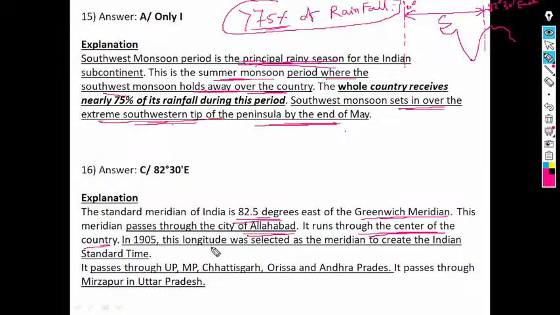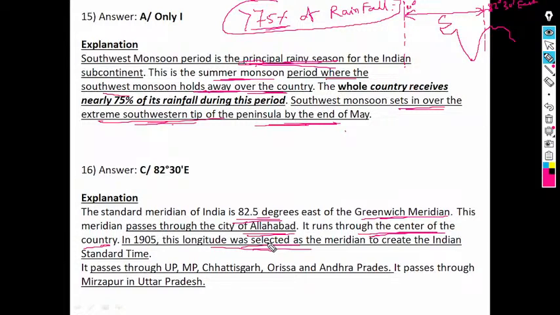In 1905, this longitude was selected as the meridian to create the Indian Standard Time, because before independence this was created as our Standard Meridian Time.